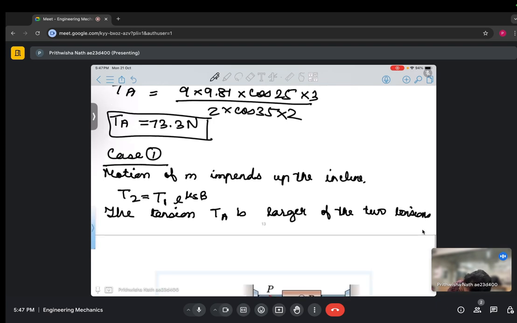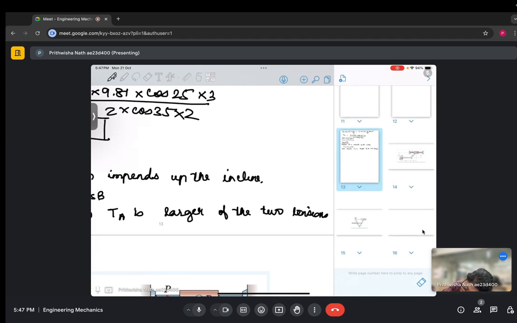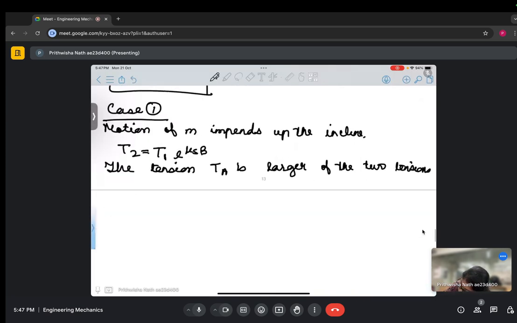So this can be written as 73.3 equals T1 e^(0.20 × (30° + 40π/180°)). Friction coefficient is 0.20.